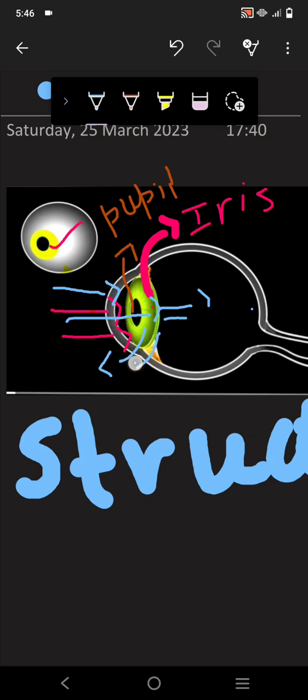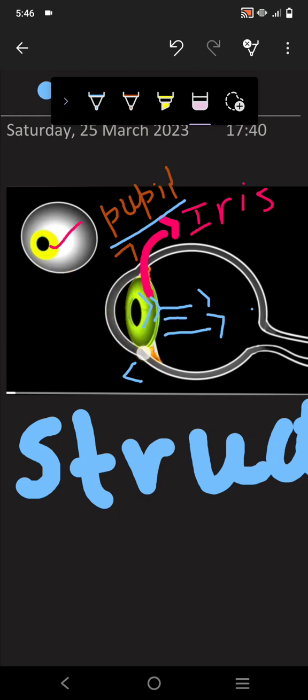They will not be allowed to go inside your eyes. The pupil allows the light rays to go inside our eyes, and this is how we can see the image. When the light rays go in through the pupil, we will be able to see the images, and the image will be formed over here at this place.